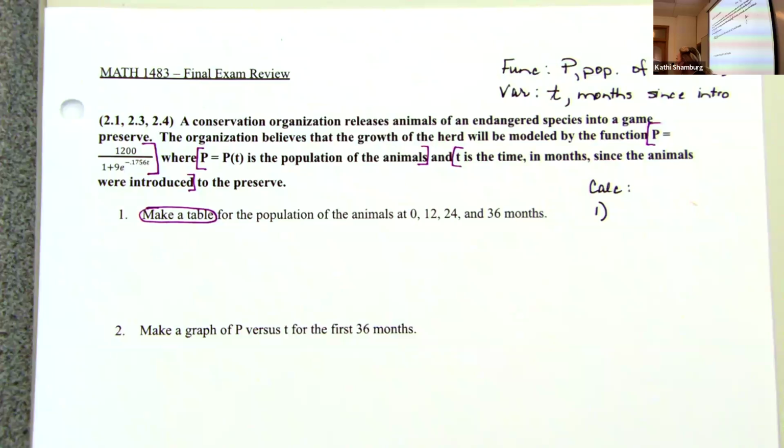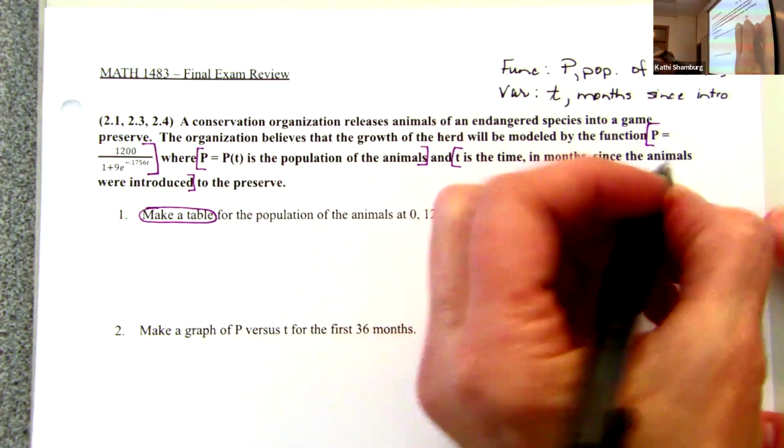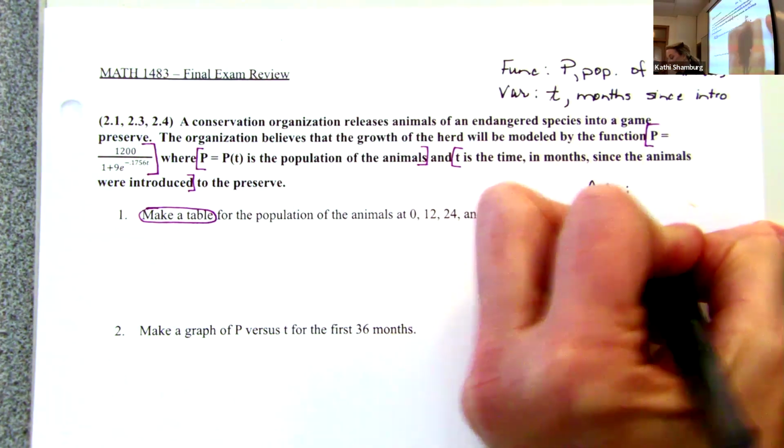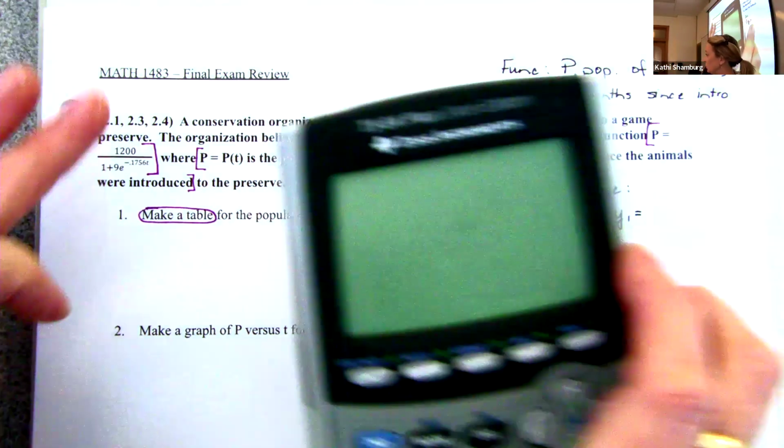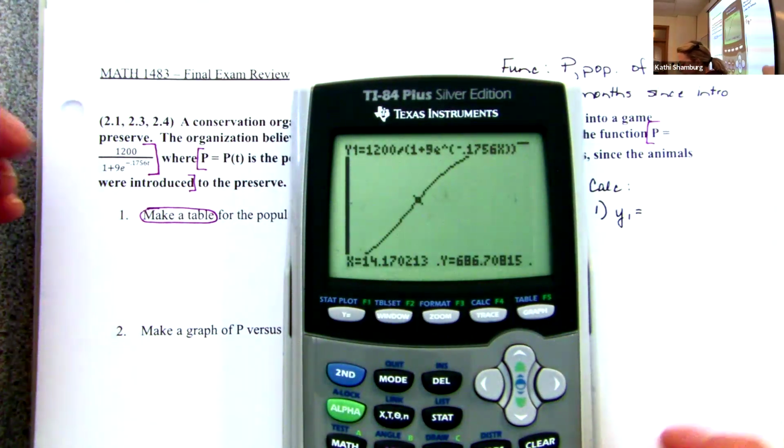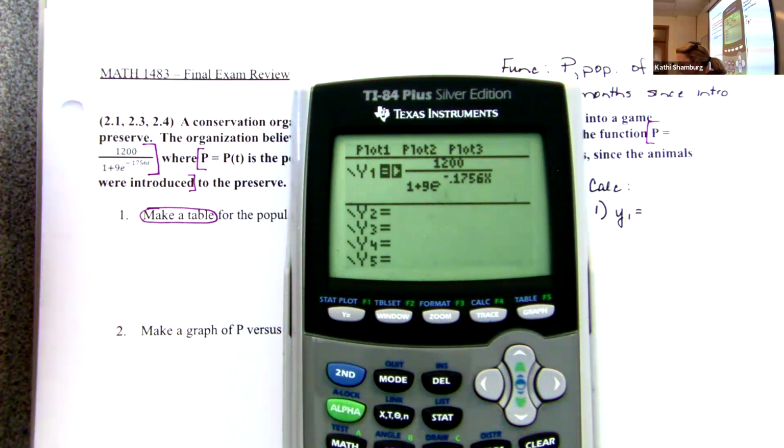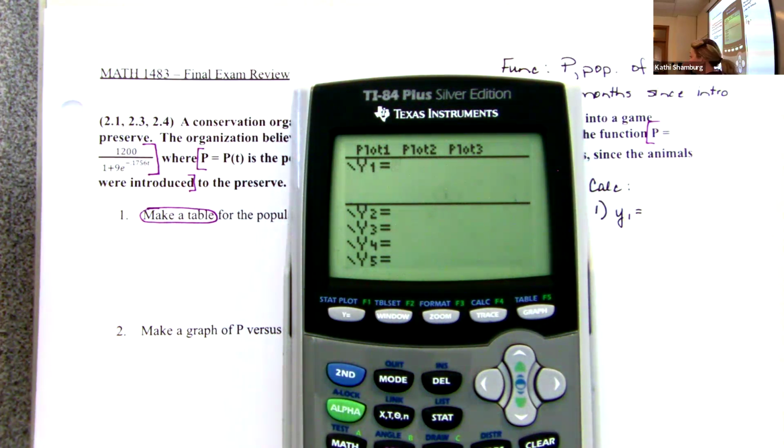We have to put in the equation, right? We were given an equation, so the first thing that I'm going to do is y1 equals, and I'm going to enter that equation that was given. I'm going to go to y equals, oh, mine's already in there, but let's pretend it wasn't. To get to the fractional, alpha y equals 1.